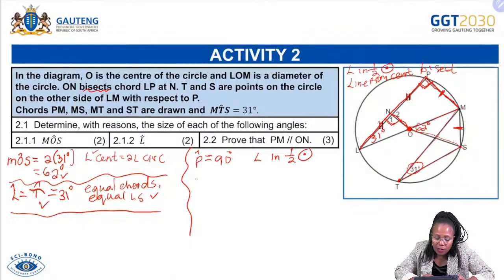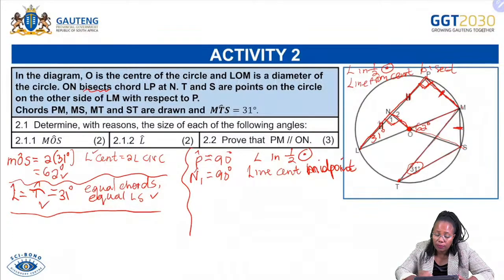And then why are you saying N1 is 90 degrees? Because of a line drawn from the center bisecting to the midpoint of a chord.